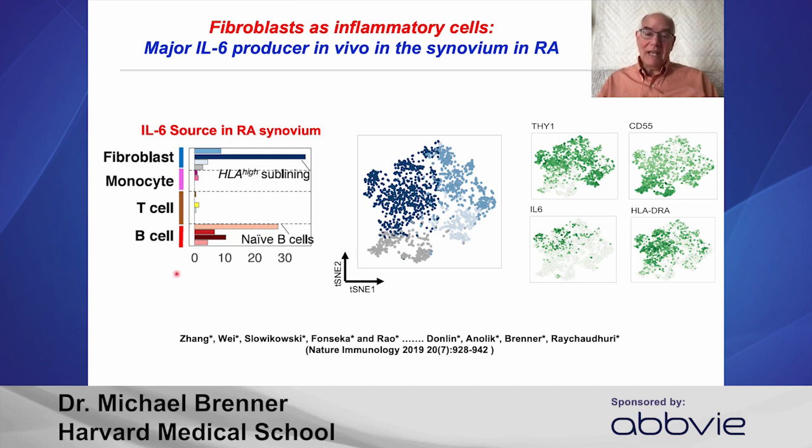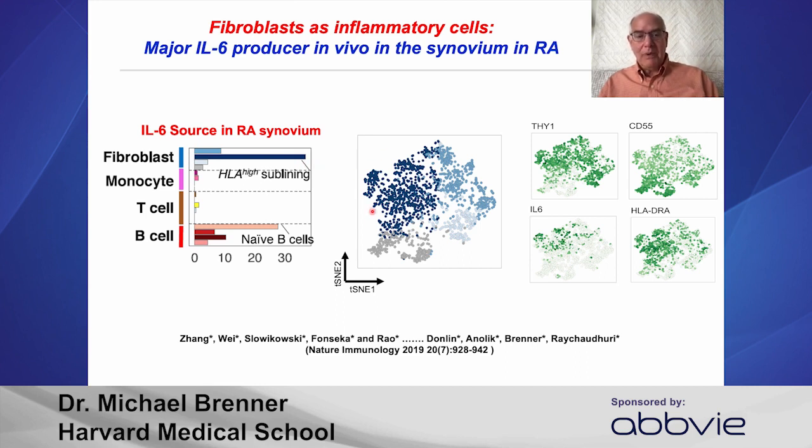If you look at the single-cell RNA sequencing from the synovium from the AMP consortium, you can ask which cells are making most of the IL-6, one of the most important inflammatory cytokines in RA? The surprise is shown here. It's one of the populations of the fibroblasts that's the major producer of IL-6.